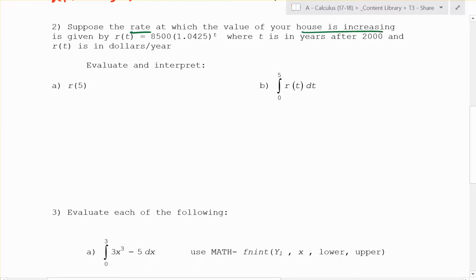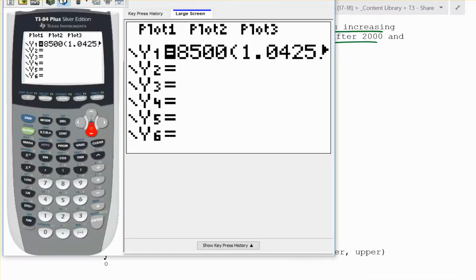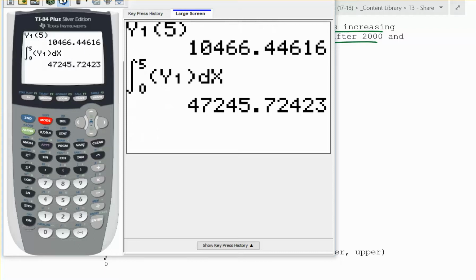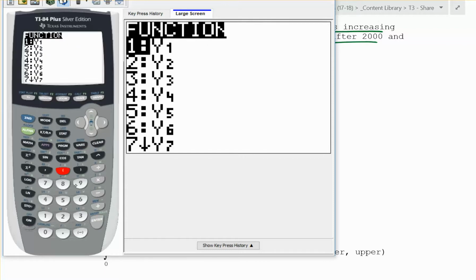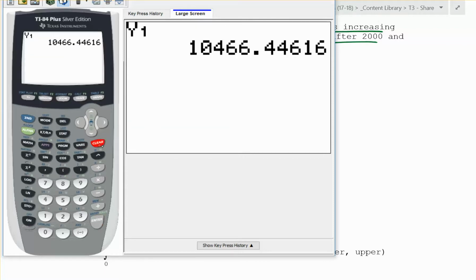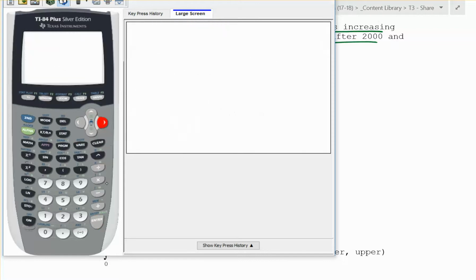In the next question, we're doing something similar, but this time we're given the rate at which the value of a house is increasing. This is the rate here, where t is in years after 2000 and r of t is in dollars per year. So when we plug 5 into here, we need to use our calculator for this. Please plug the function in as y1. Then quit out to the main screen, and then do vars, y vars, enter, and then put a 5 in there.